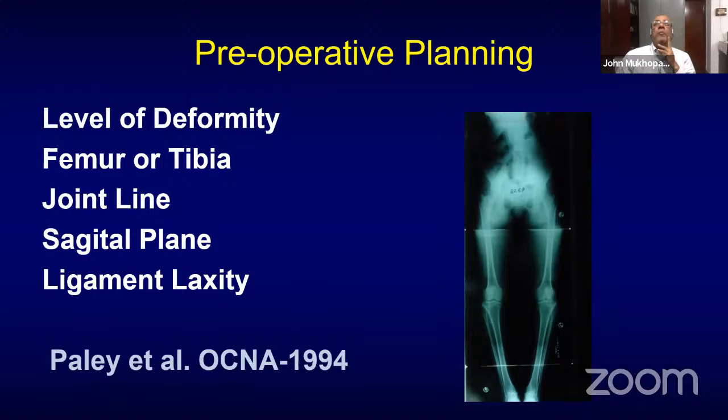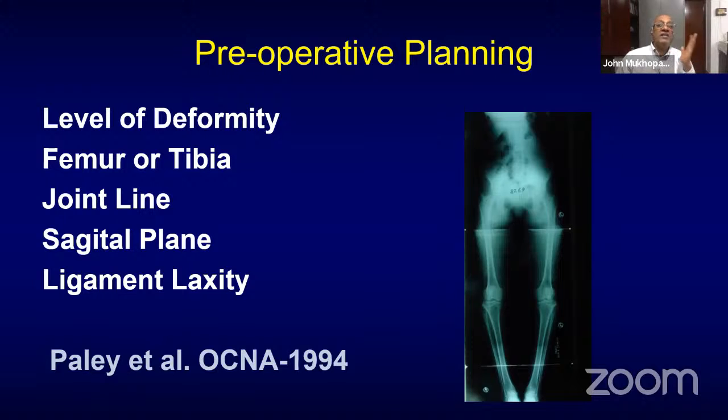Now, the pre-operative planning is important, and we need to look at the level of deformity, whether it's in the femur or tibia. And I'll show you a case where we go through the steps. You need to look at the joint line, okay? If the joint line has any obliquity or any sort of irregularity or step-offs, you need to look at that.